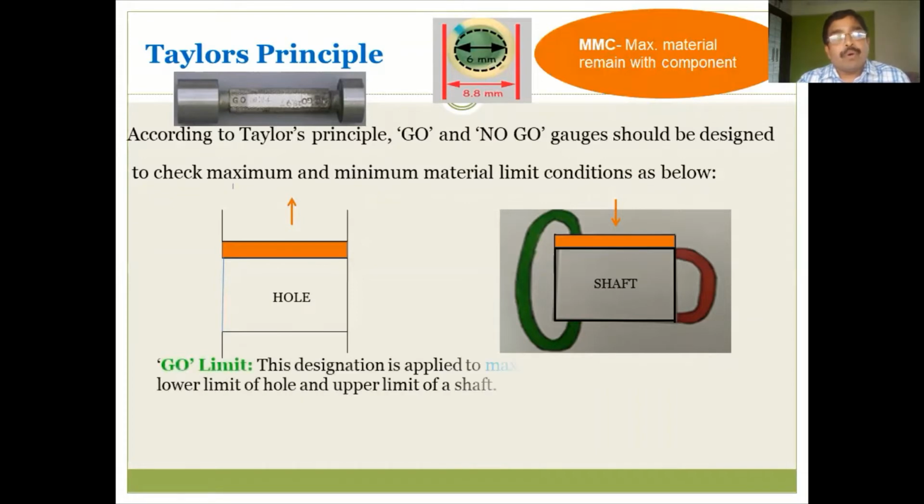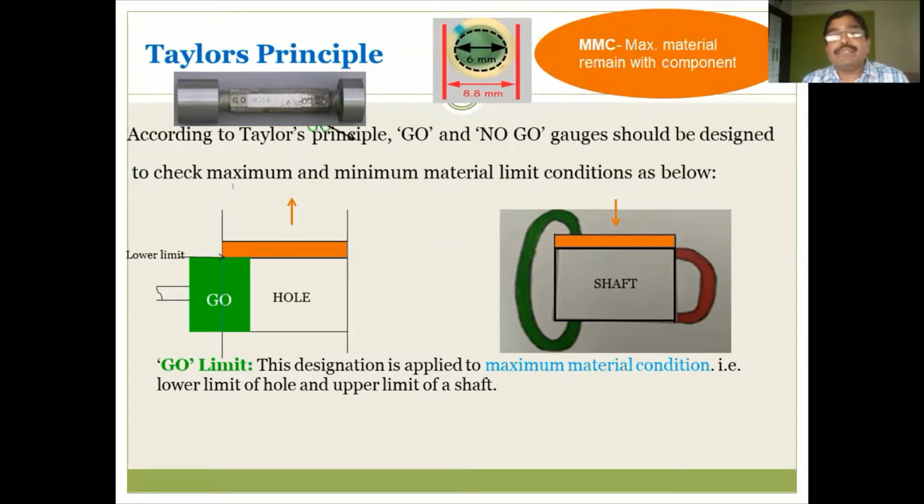Now we'll go for the first point. When we are talking about the go limit, this designation is applied to the maximum material condition. You can see I have taken the gauge and we are entering into the hole. This is the go end, and this go end just touches the lower limit of the hole.